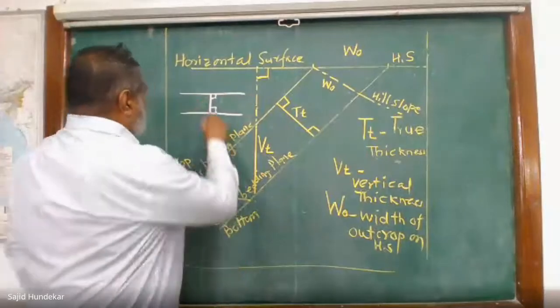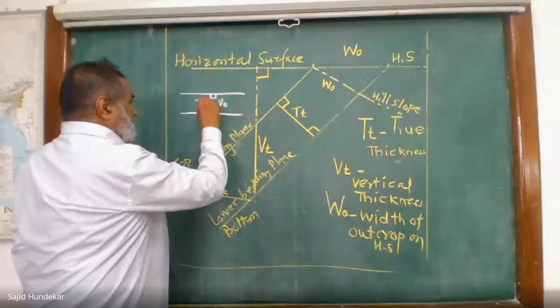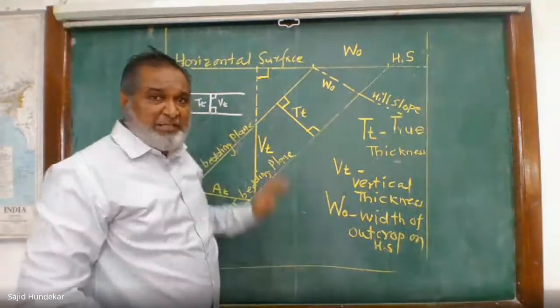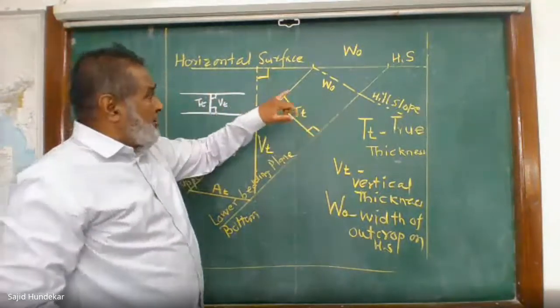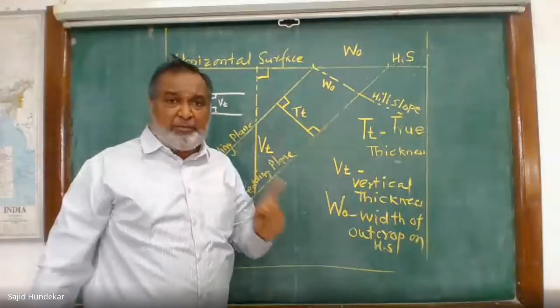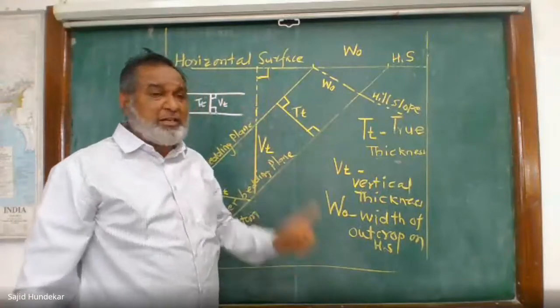So at this point, your true thickness as well as your vertical thickness will be equal when the bed is horizontal. Otherwise, if the bed is inclined, true thickness is always less than the vertical thickness.